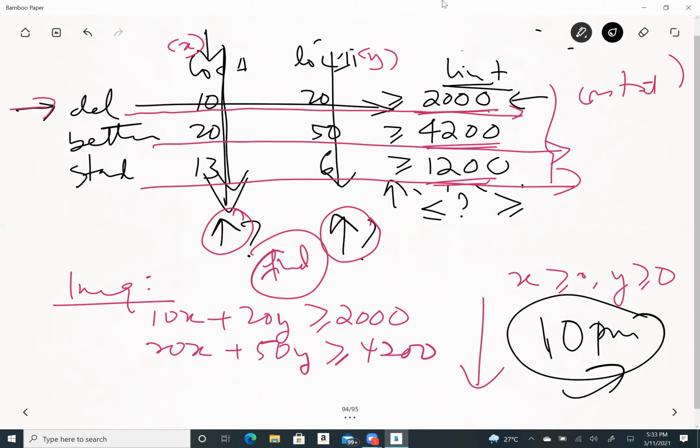But the value of the corner point is the number of days. So the number of days should be less than 100. According to my graph, the number of days is not more than 100, but the cost can be high. The value of X and Y at most will be 100.